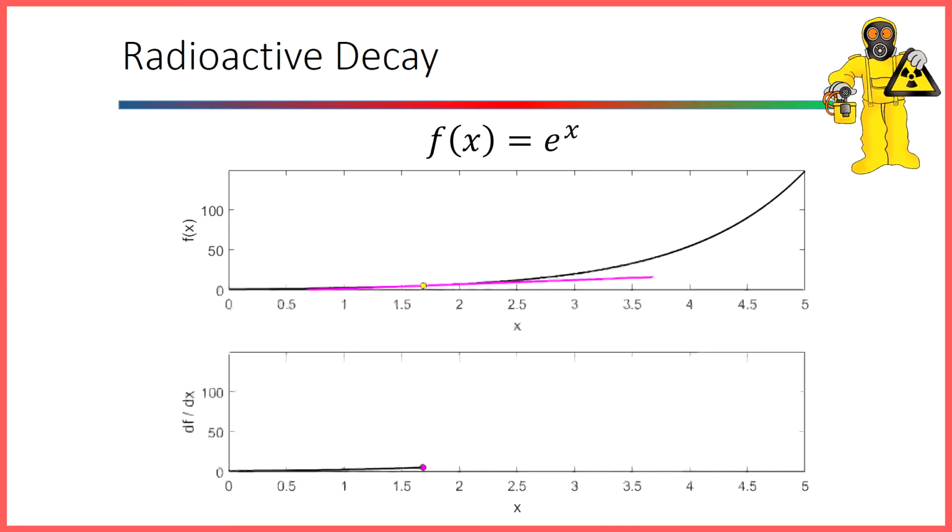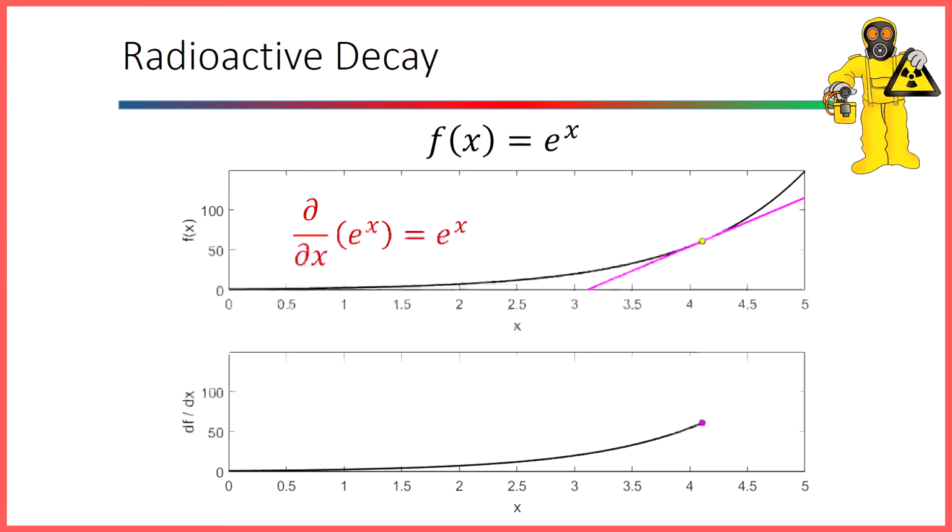So as we watch this graph go through, we see that yes, in fact, the slope is changing in a gradual way such that at any point the derivative of f of x is equal to f of x. All right, that's great. We've convinced ourselves that if f of x equals e to the x, then the derivative of f of x also equals e to the x.